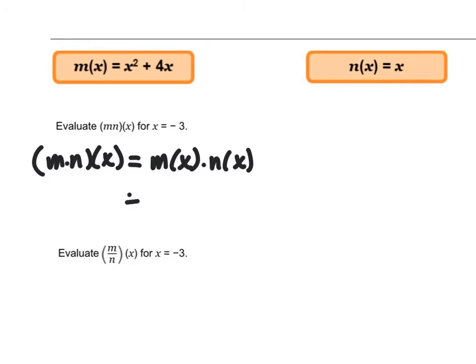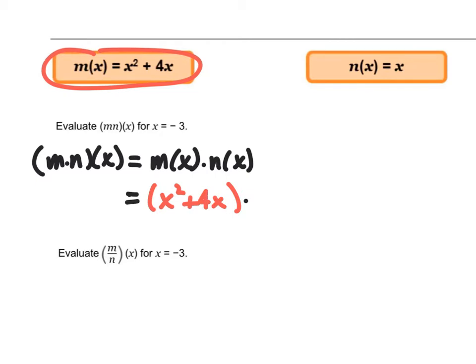And so let's go ahead and do that. Let's plug in m of x, which is x squared plus 4x. I'm going to do the quantity x squared plus 4x, and then I'm going to multiply that by n of x, which is just x, okay? So I'm going to multiply that by x.